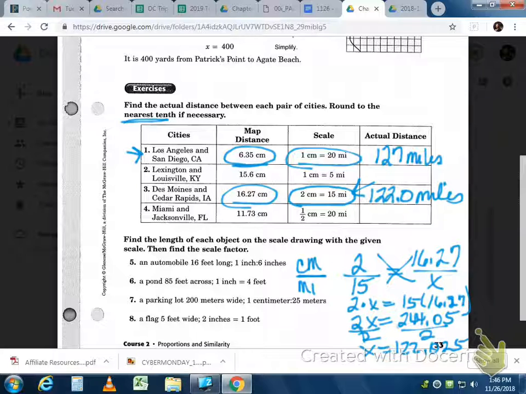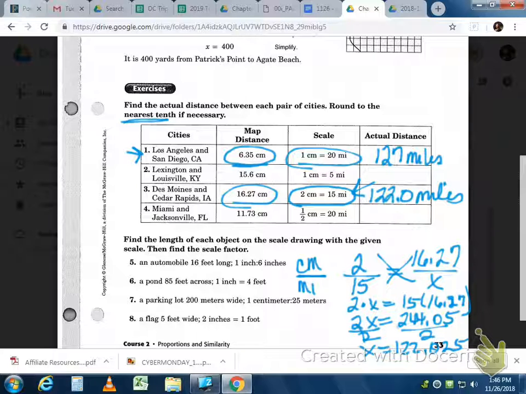Why couldn't you just put 122? Because did it come out exactly to 122? No. If you write 122, that's saying you got exactly 122. But if you put the 0, you're showing that it was rounded off. And it is rounded off, right? So you can't mislead whoever might be using that.